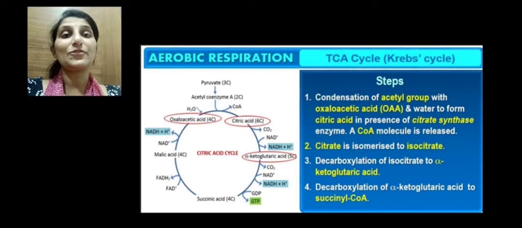This condensation of oxaloacetic acid with acetyl coenzyme A is catalyzed by the enzyme citrate synthetase. During this process, coenzyme A is released, and citric acid, the first stable compound, is formed. Hence the cycle is called the citric acid cycle.